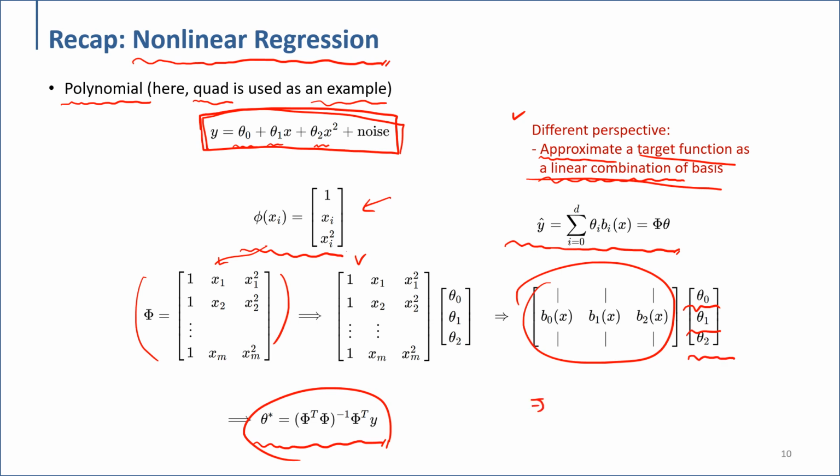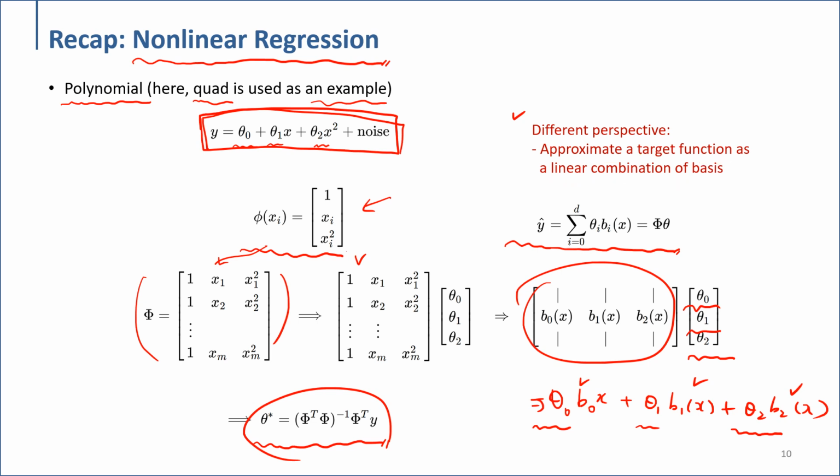So this matrix multiplication is nothing but theta 0 b0(x) plus theta 1 b1(x) plus theta 2 b2(x). Our objective is finding the coefficients of these basis vectors. So this problem is nothing but approximating a target function as a linear combination of bases.